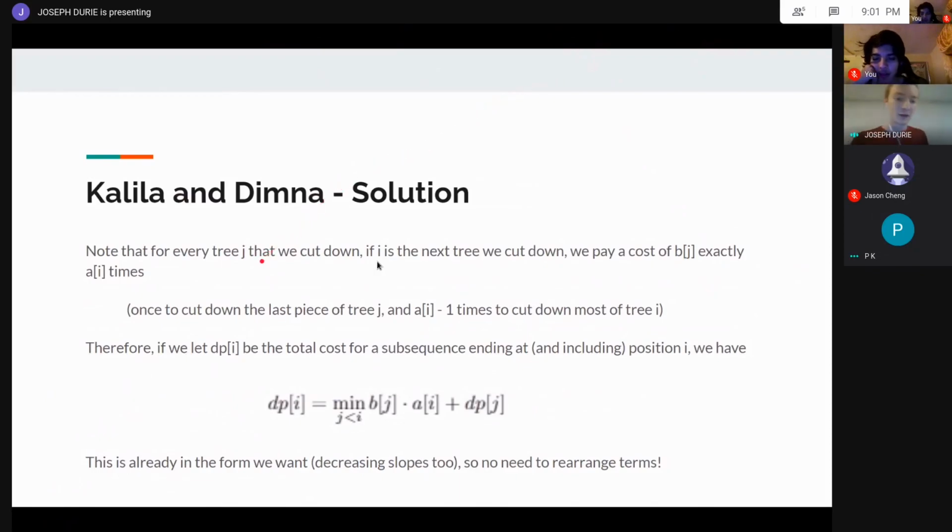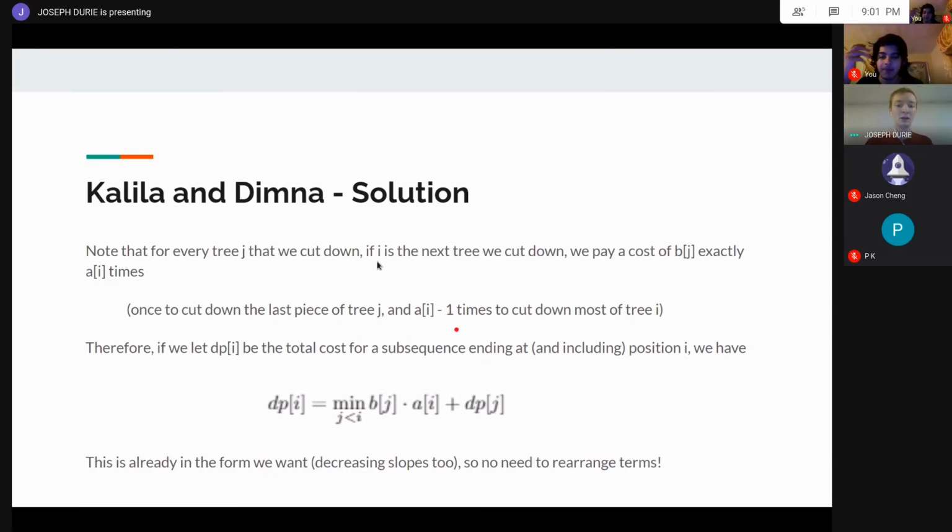So for every tree that we cut down, let's say we cut down tree J, and then after that we cut down tree I. We're going to pay a cost of BJ exactly AI times, right? Because we use it once to cut down the last piece of tree J, since after we cut down the last piece of tree J, we pay BJ to recharge. And then we use it AI-1 times to cut down most of tree I, everything except the last piece.